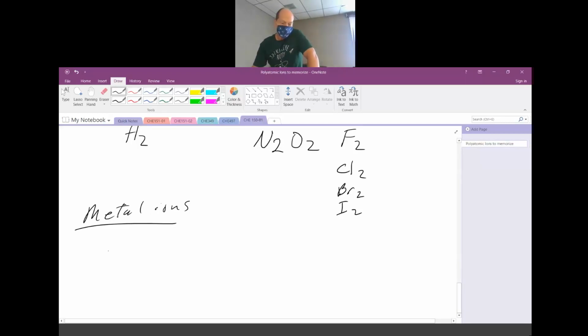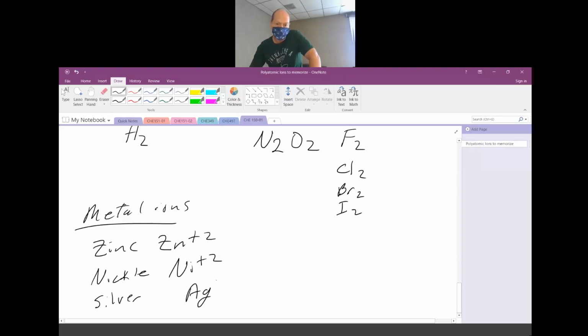Zinc is Zn +2, so that is the only one, it's not multiple. Nickel is Ni +2. Silver is Ag +1. Silver is an odd one.